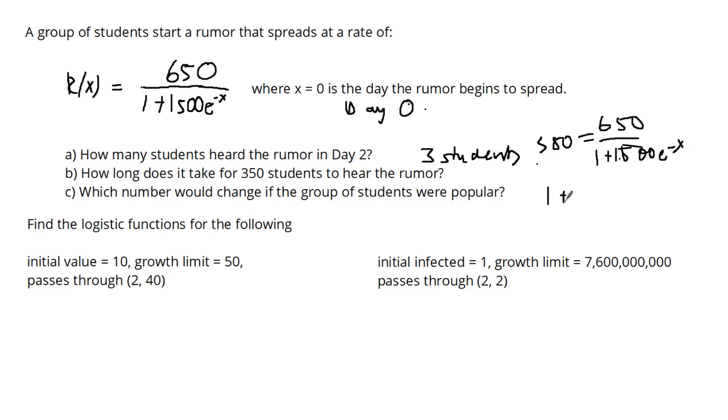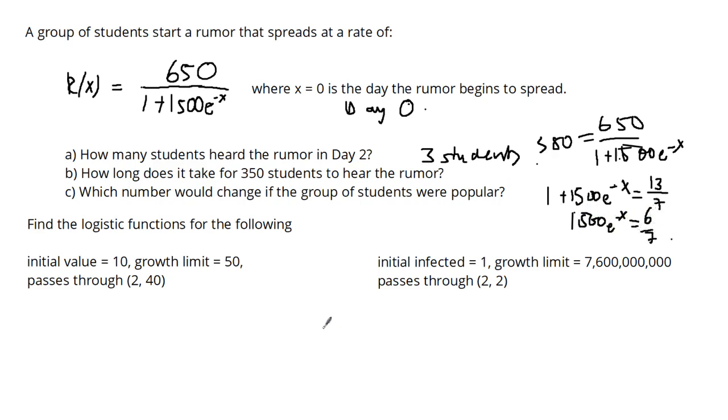We'll have 1 plus 1,500 e to the minus x is equal to 650 over 350. I'm just going to simplify that into 13 over 7. That's the same thing as 650 over 350. Subtract 1, we'll have 6 over 7. 1,500 e to the minus x is equal to 6 over 7.